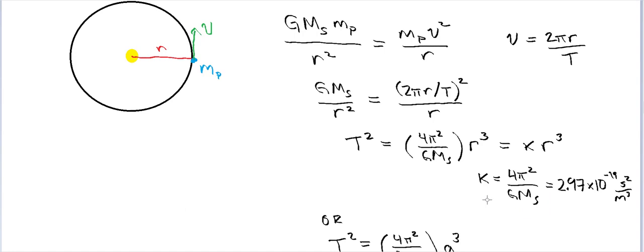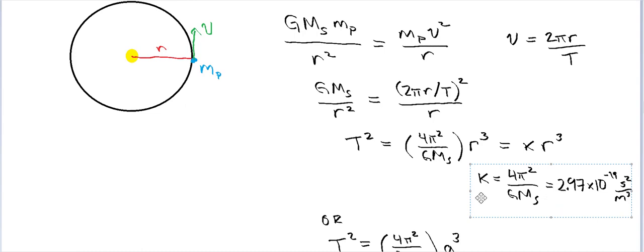So if you don't use Earth years for period and astronomical units for semi-major axis distance, if instead you decide to use seconds for period and meters for distance, then it's not that T squared is equal to a cubed.